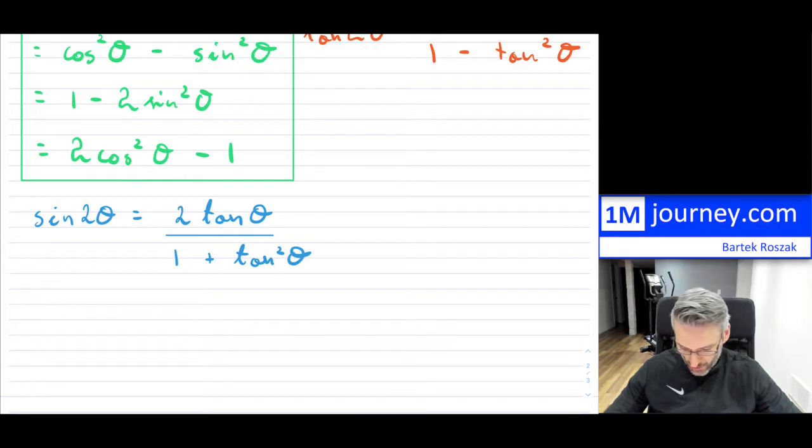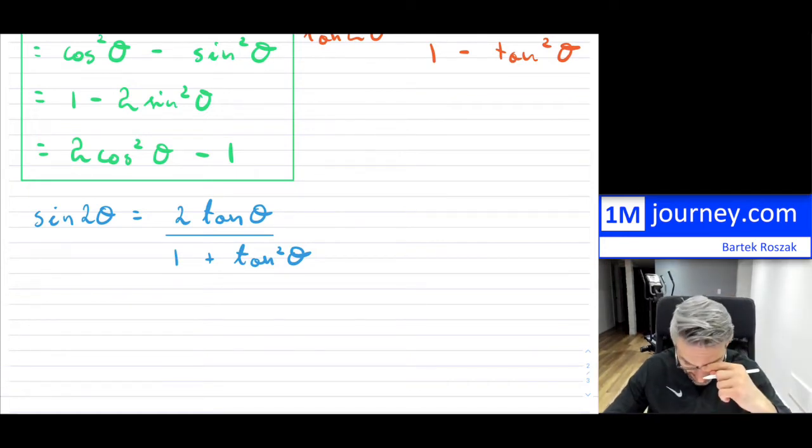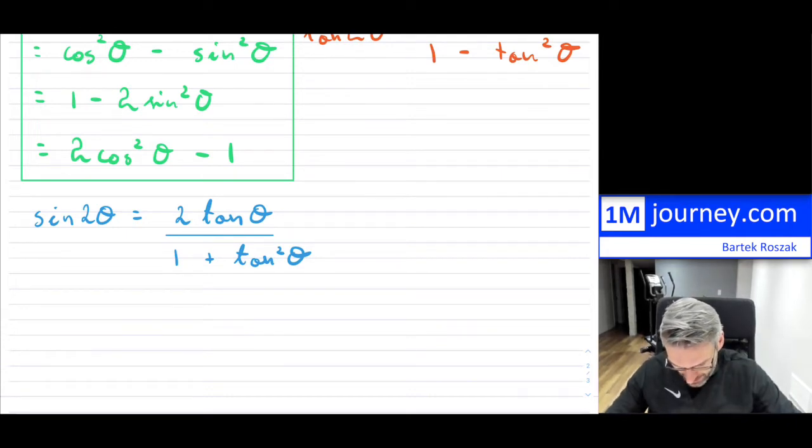All right, so what do we do? I'm going to try the more complicated side typically, and then see if I can reduce it to the left-hand side, and if it doesn't work, I'll go back. Okay, so I'm going to try with the right-hand side and see what I can do with this. It's sine 2 theta, so I certainly don't want the tangents there.